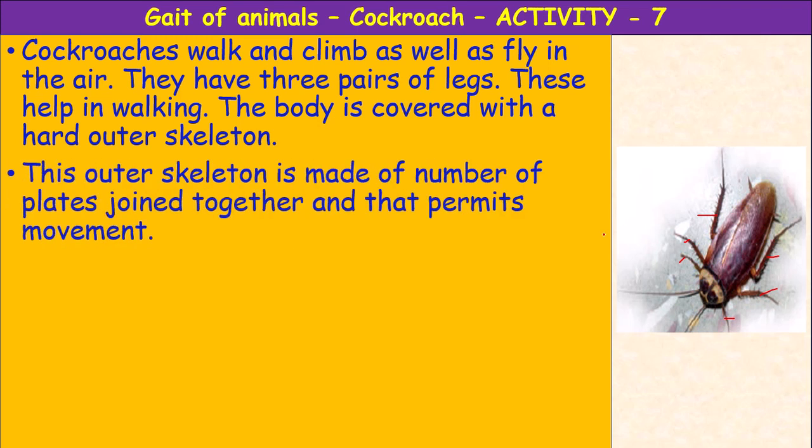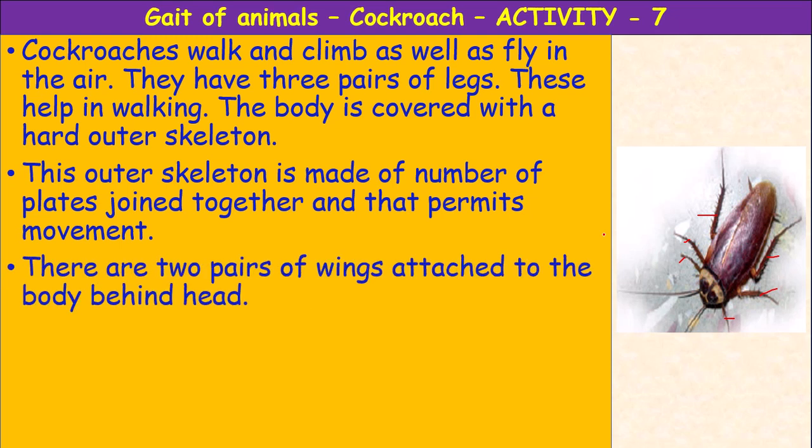So this outer skeleton is made up of a number of plates joined together, and that permits movement. There are 2 pairs of wings. Wings are also present. So this brown color structures. Wings attached to the body behind head.